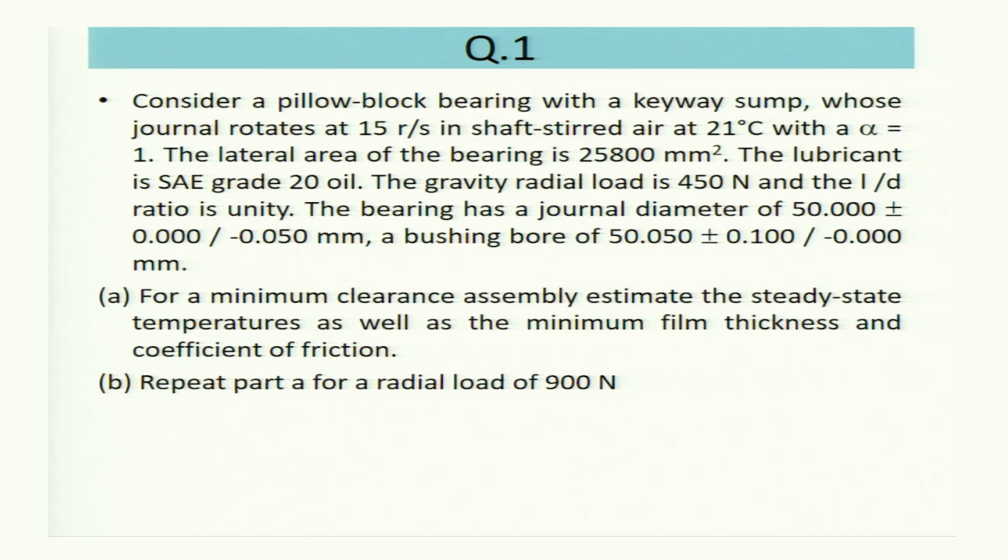So, with this we are ending the module on the analysis of sliding contact bearings, and in this way in detail we studied how to design a sliding contact bearing with the help of Raimondi and Boyd charts.